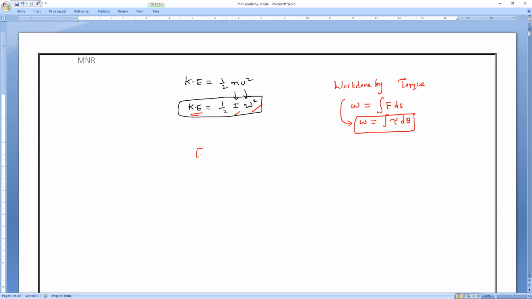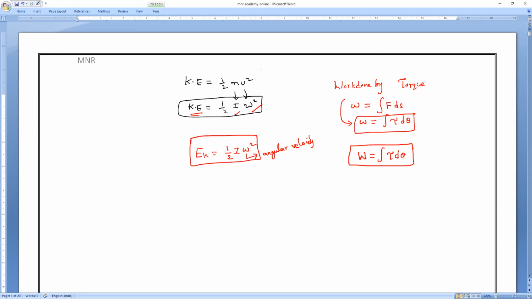The kinetic energy formula for a rotating body is half I omega square, where omega is the angular velocity. And the work done by the torque is integral tau d theta.